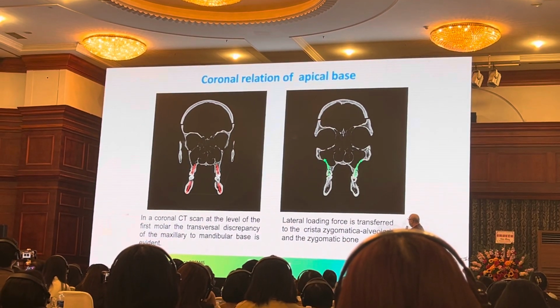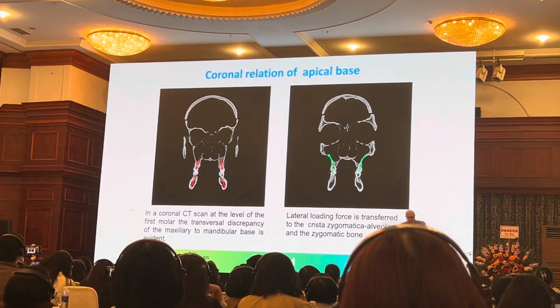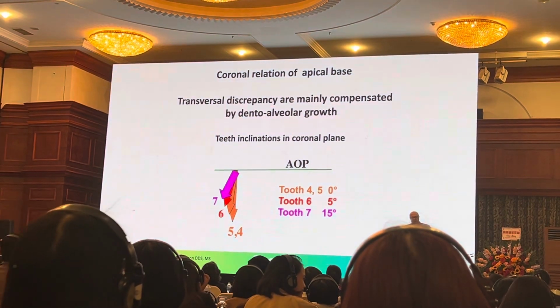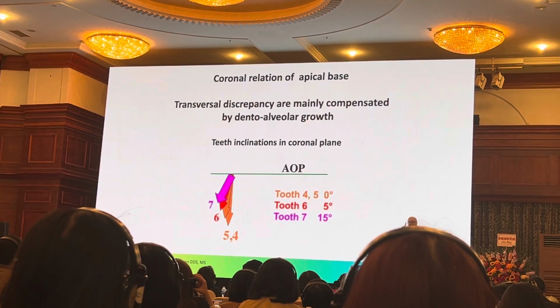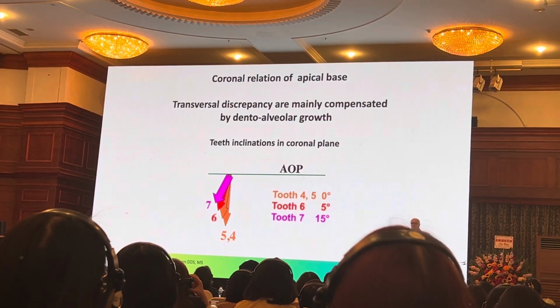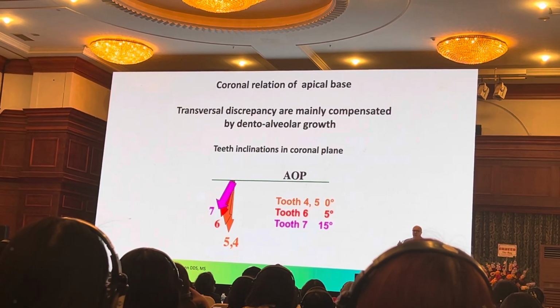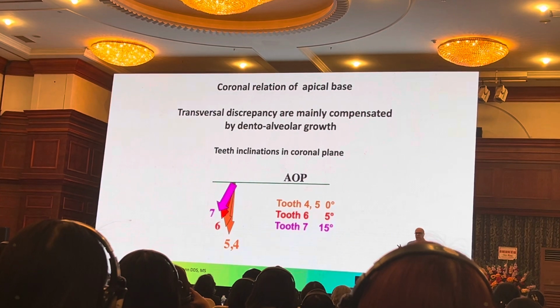We can see clearly here how the forces are distributed to the maxilla. Because of this, we need a sequence of positive torque, or let's say positive Wilson curve, for every single element. 7, 6, 4, and 5, and the canine, they are in a progressive Wilson curve from the second molar to the canine.